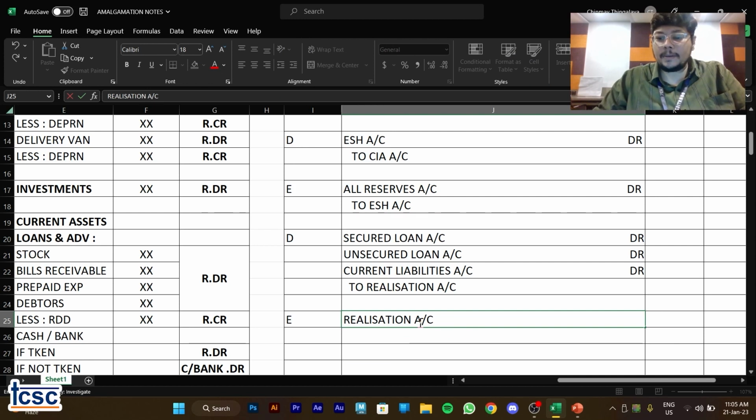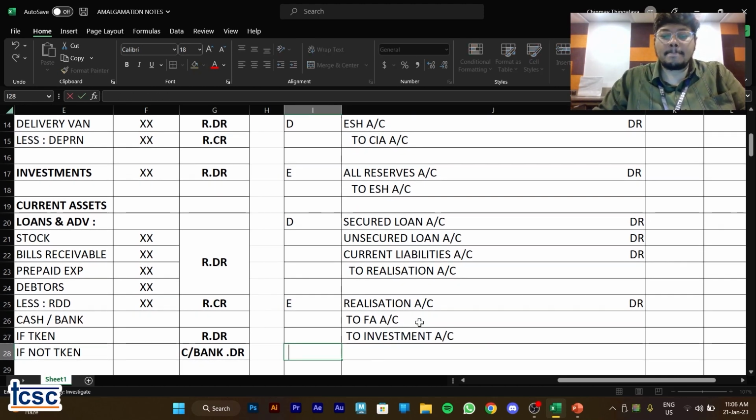Realization account debit to fixed asset account, to investment account, to current asset account.